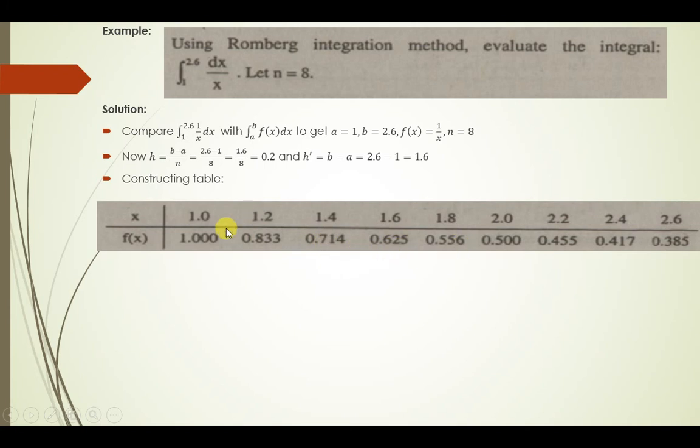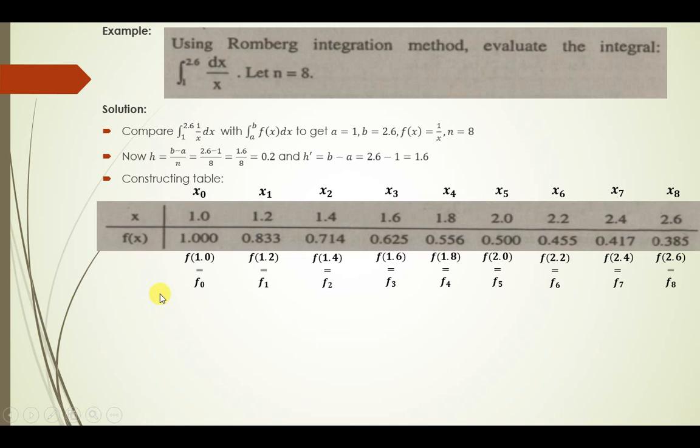Now what are the values of x0, x1, x2? These are the values of those xi's. That is x0, this is x1, this is x2, this is x3, and the last one is x8. So x8 is equal to 2.6. And what are those values? Those values are actually this value is f of 1.0.